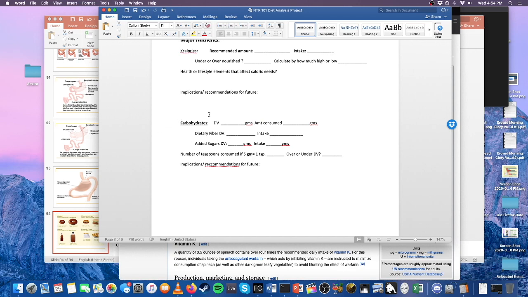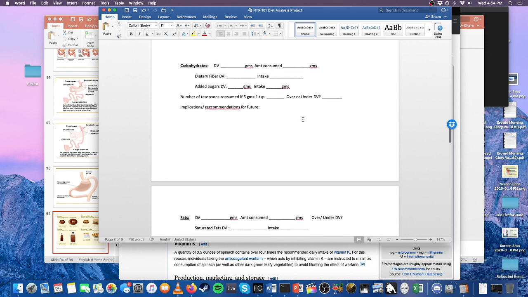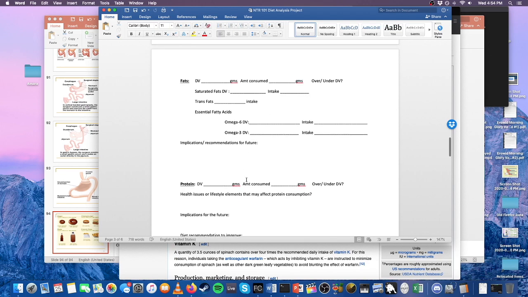And then you do this again for carbohydrates, itemizing dietary fiber and added sugars, and fats, focusing specifically on saturated fats, trans fats, and essential fats, like omega-6 and omega-3s.